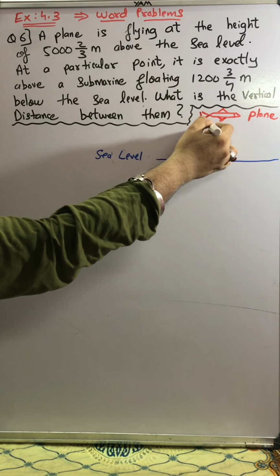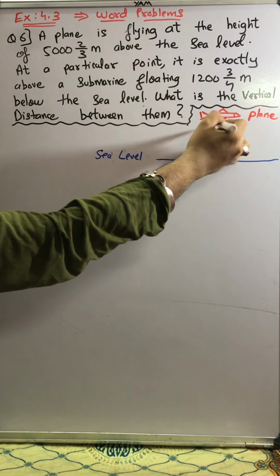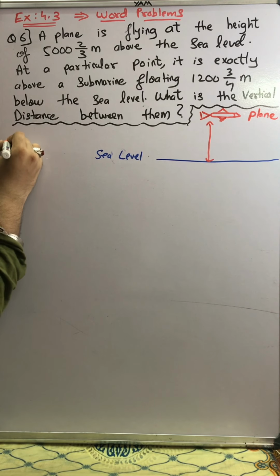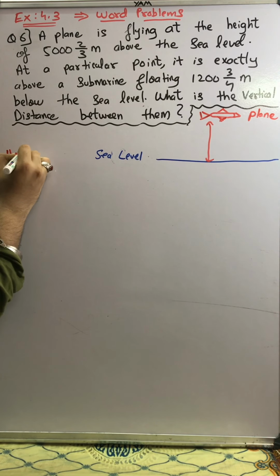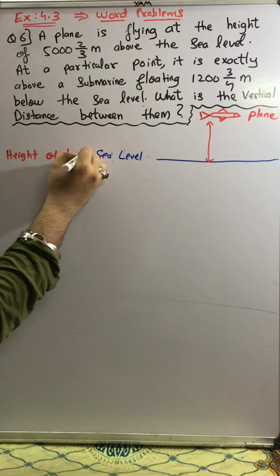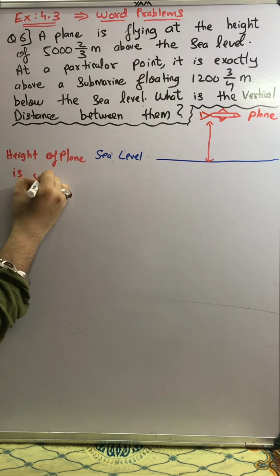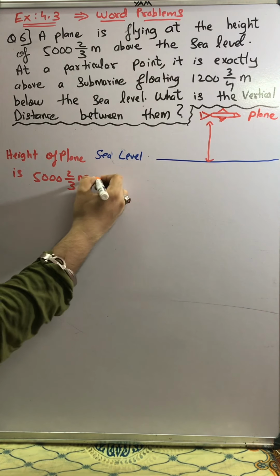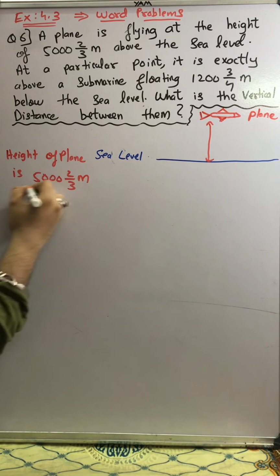So can I say the vertical distance, this height is given to us? So what's that distance? Height of plane is 500 2/3 meters.